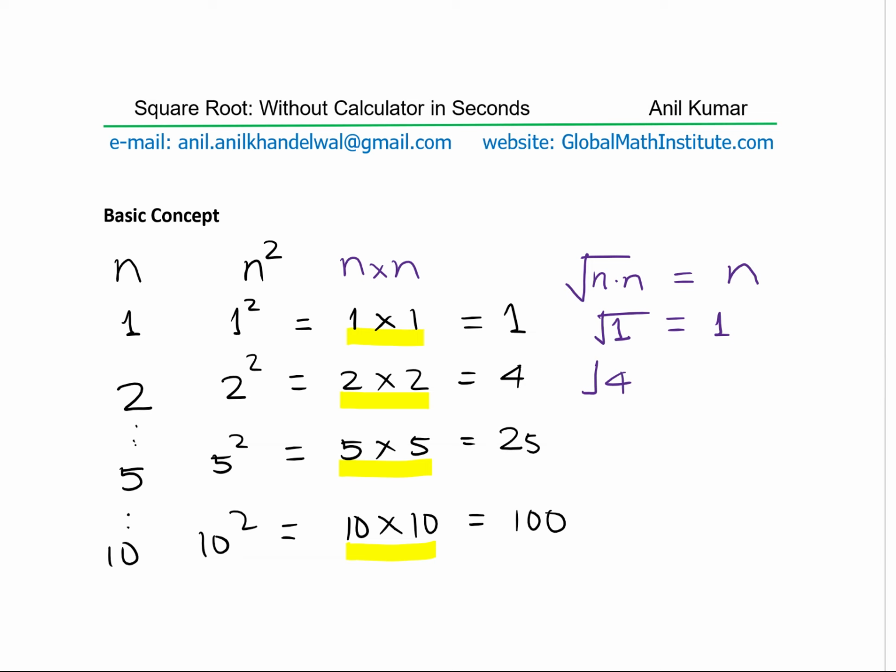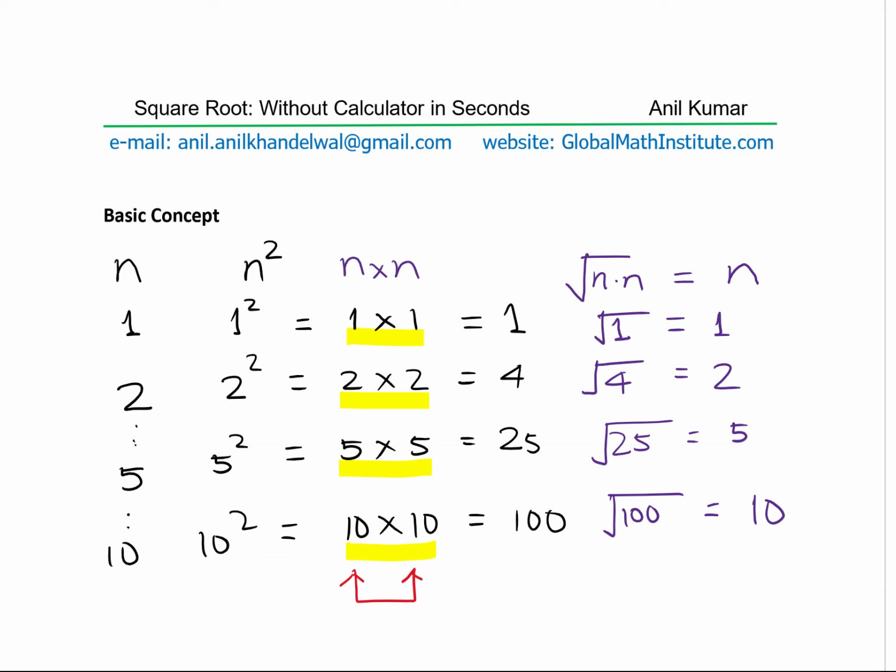The square root of 4 is 2. The square root of 25 is the number 5 itself, since 5 times 5 is 25. And the square root of 100 will be 10. Correct? So you got the concept. What you notice here is that every time, for a square or a square root, the numbers involved are the same numbers being multiplied by one another. That is the concept we are going to use in finding square roots.